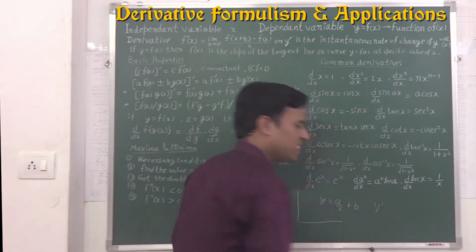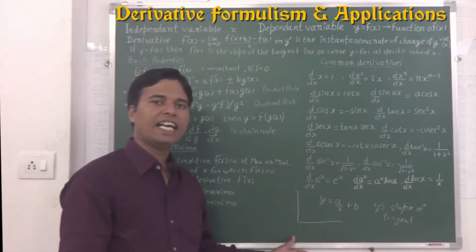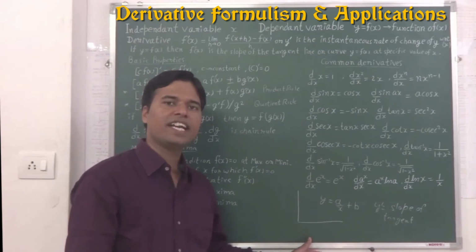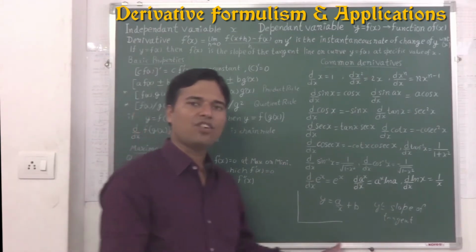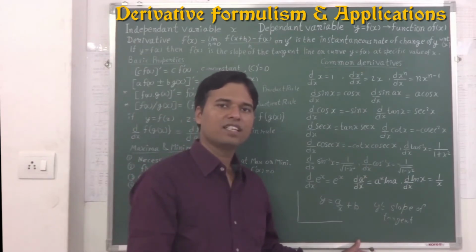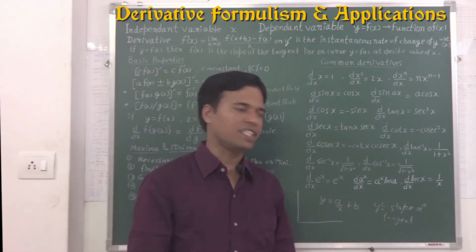Then y dash will give you the slope of the tangent, which is nothing but the tangent of the acute angle theta, the angle made by the line from the positive x-axis.